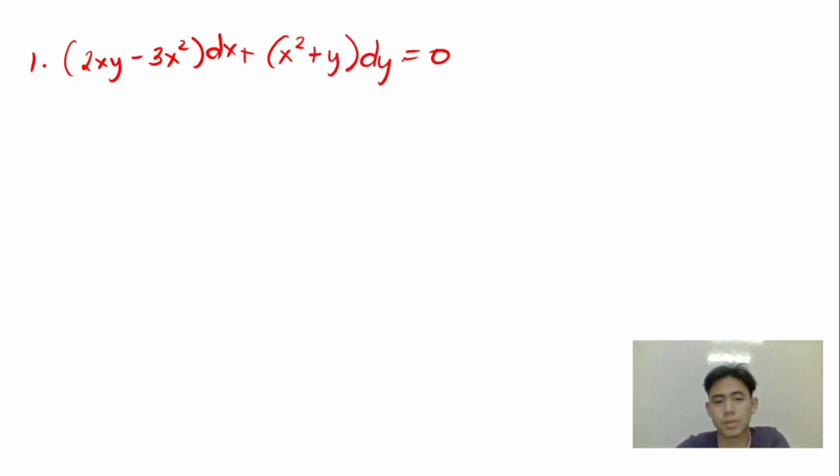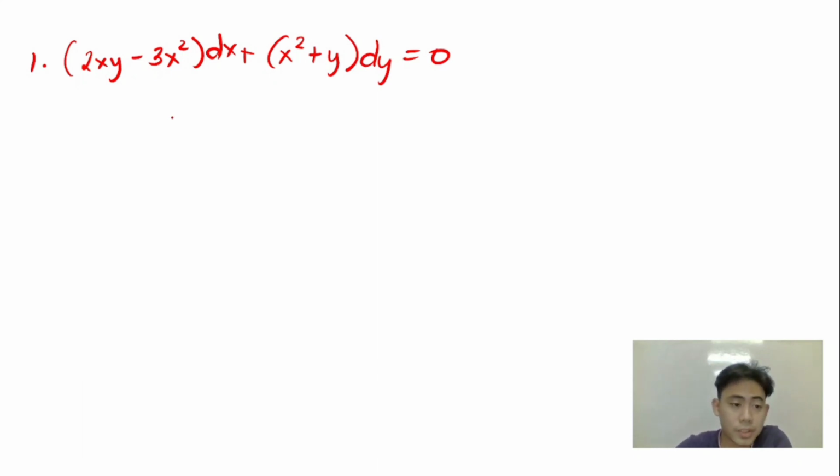So, for number 1, if you have 2xy minus 3x squared dx plus x squared plus y dy is equal to 0. Okay.